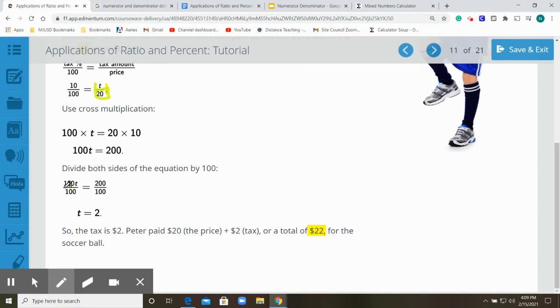Divide both sides of the equation by 100. 100T over 100 equals 200 over 100. T equals 2. So, the tax is $2. Peter paid $20, the price, plus $2, tax, or a total of $22 for the soccer ball.